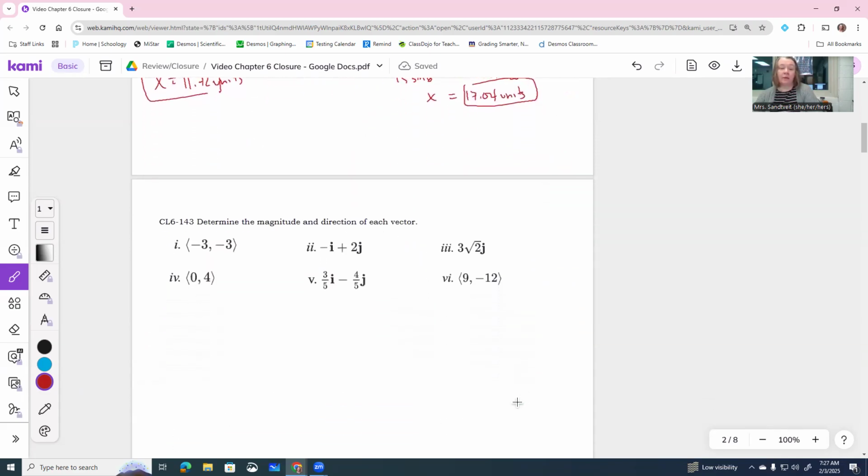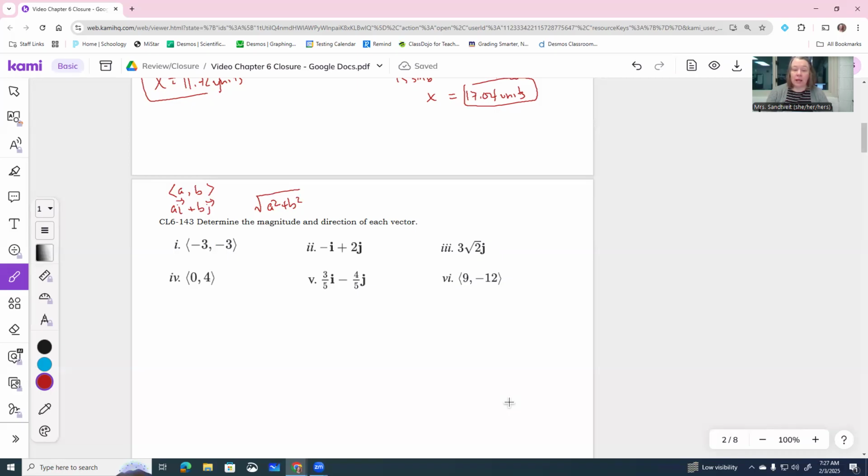All right, so then vectors says determine the magnitude and direction of each vector. So magnitude is the square root of a squared plus b squared. And our vectors can be written in one of two forms, regular component form, a comma b, or that a times vector i plus b times vector j form, which I see popping up a couple of times.